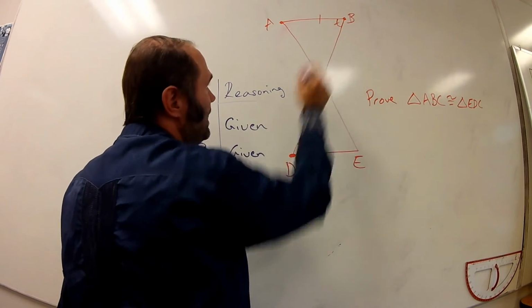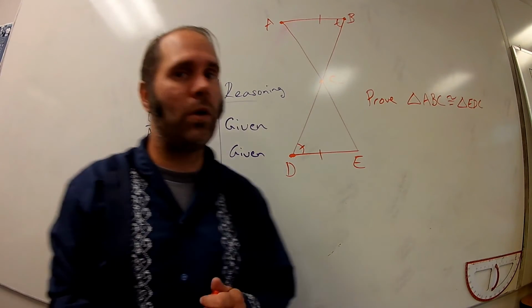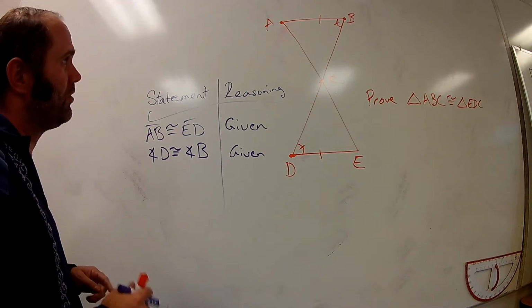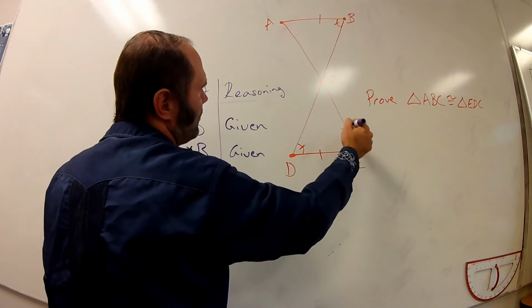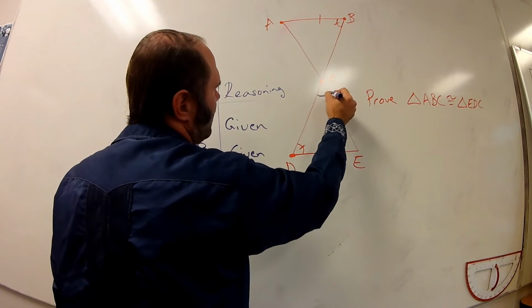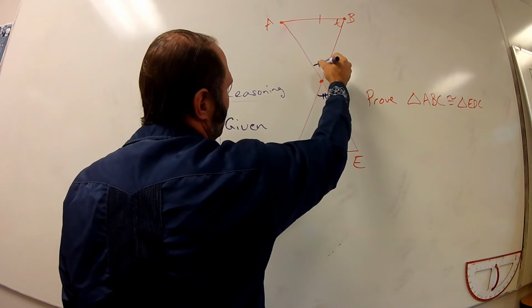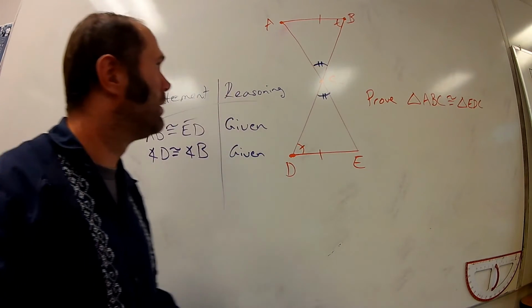So DB is a segment, EA is a segment, and we're not assuming that we can see that. What we're saying is it's forming an X, and so this angle here must be the same as this angle here, because they are vertical angles.